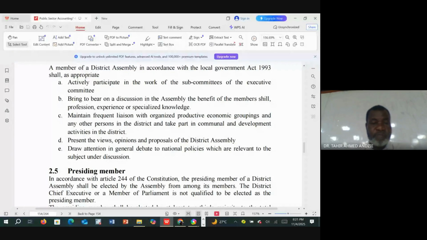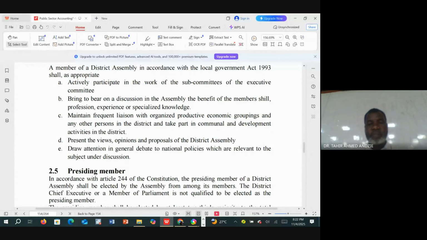Then they must maintain frequent liaison with organized productive economic groupings and any other person in the district, and take part in communal and development activities in the district. So as an assembly member, you must be a liaison between your electoral area and the people who can bring development to the area.